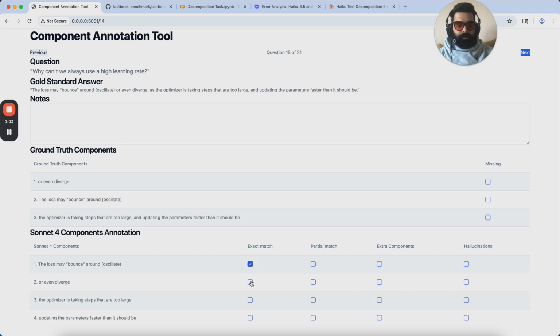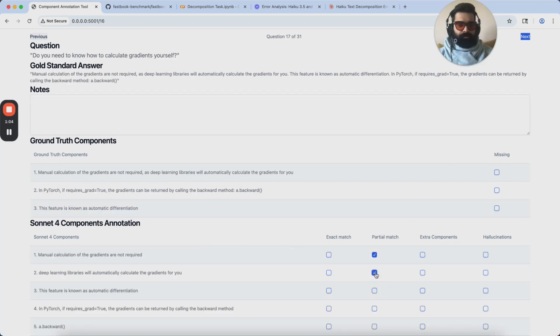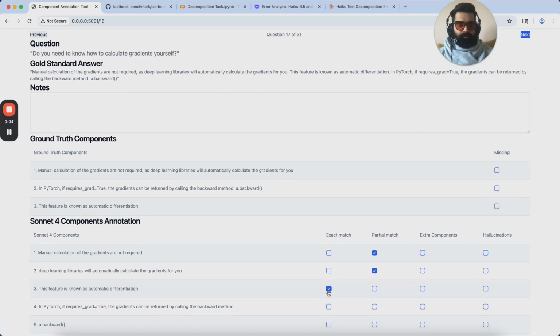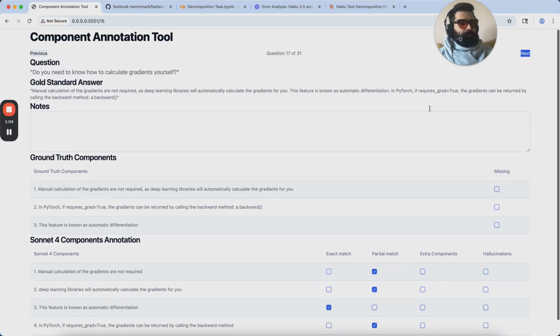Okay, exact, exact, partial, partial, the same thing as haiku. Exact. Partial, partial. Partial, partial. Exact. This is partial, partial. Close enough to being exact.